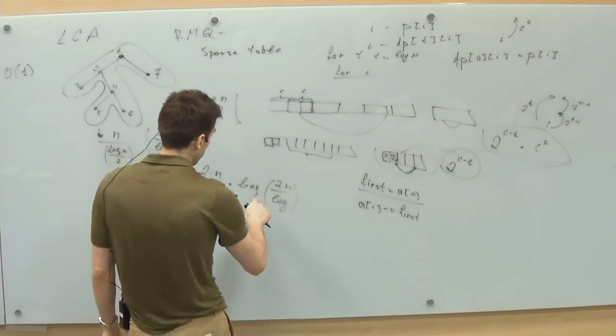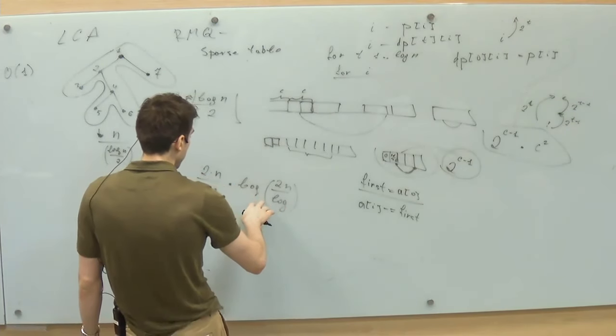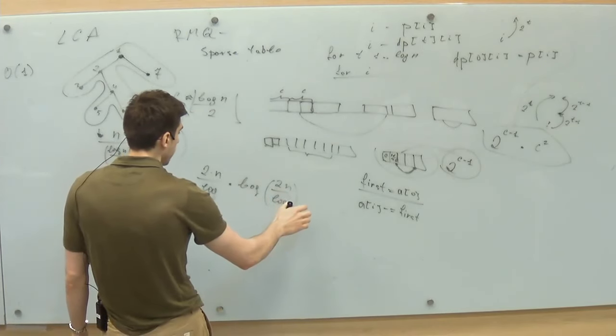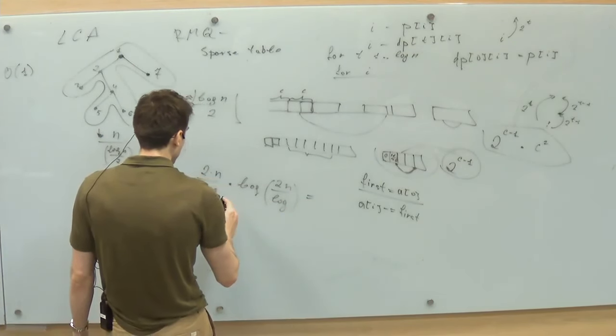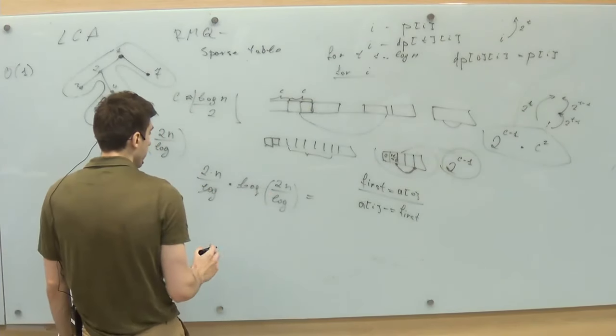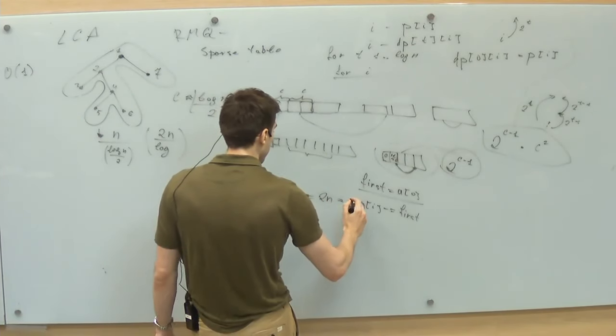And we can say that this is not greater than log n asymptotically, and we can just reduce these two multipliers. This provides us just n, which is log n.